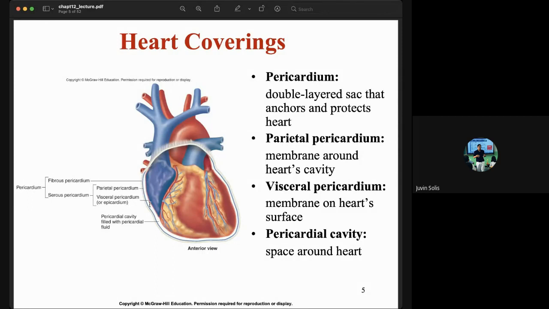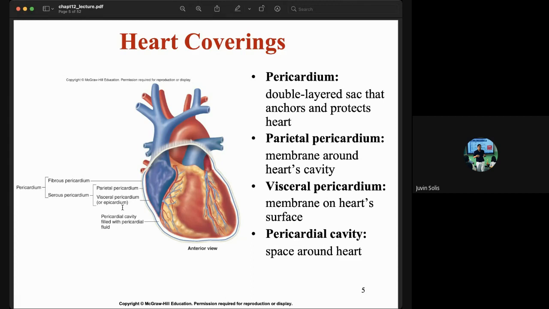And then itong nasa pinaka labas na part, yan yung tinatawag natin na pericardium. So meron din tayong tinatawag here na parietal pericardium, which is this one. The blue line here, this is the membrane around the heart's cavity.